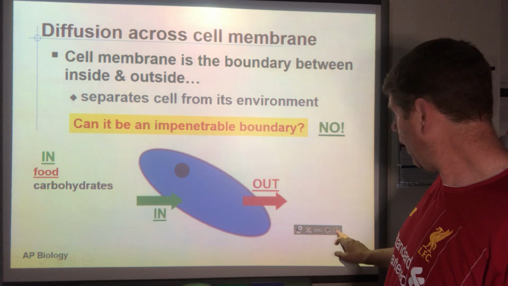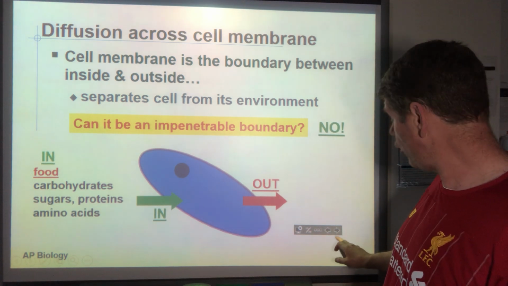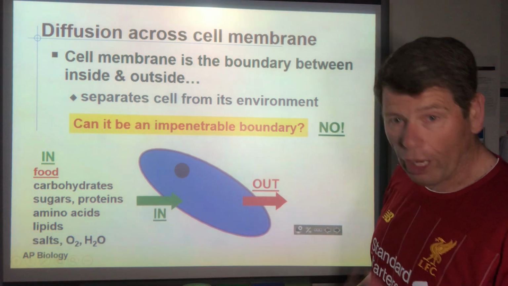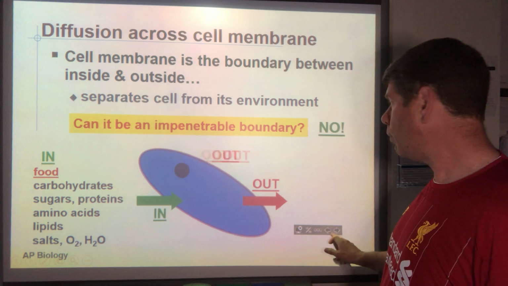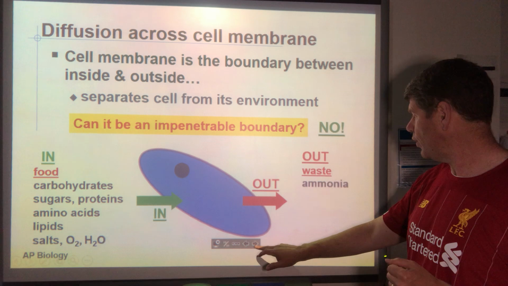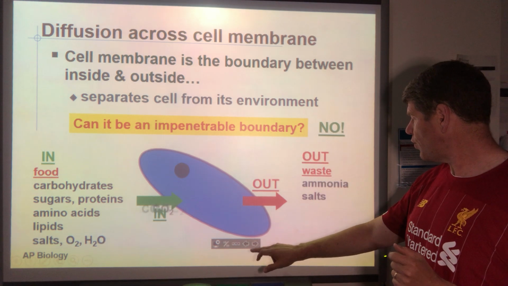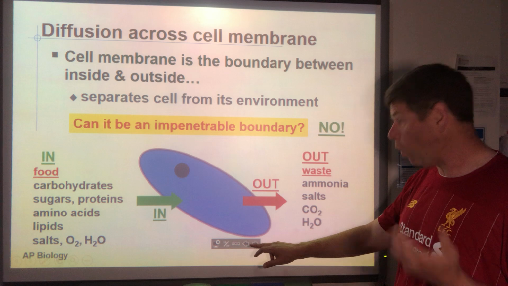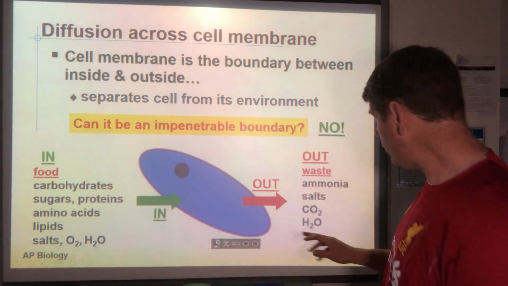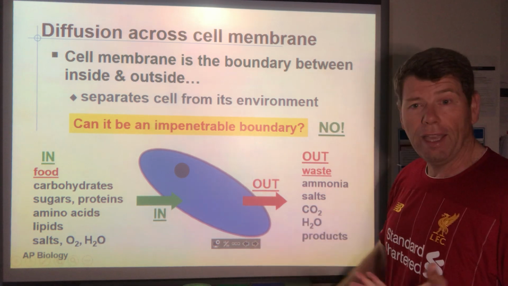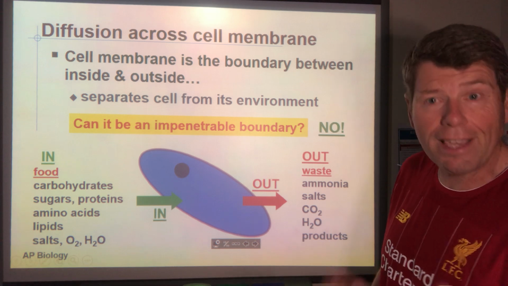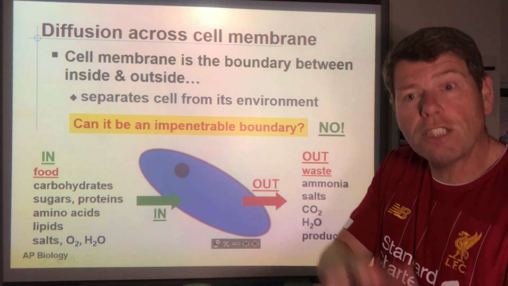Nutrition, food, in the form of carbohydrates, proteins, sugars, amino acids, lipids, some salts, oxygen, water. And what are some of the things that need to be removed from a cell? Well, we have waste products like ammonia, salts, carbon dioxide, water. We're going to get to why water moves in and moves out. And anything that the cell happens to be producing, because cells are like little factories. They're often making something, and whatever they make often needs to be able to leave the cell.